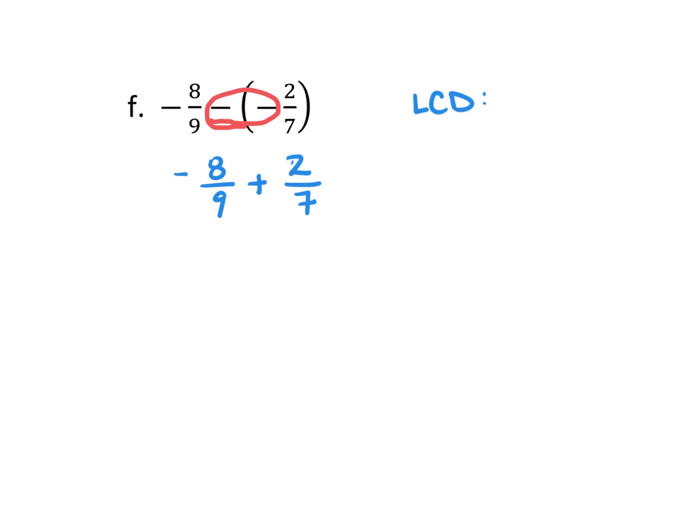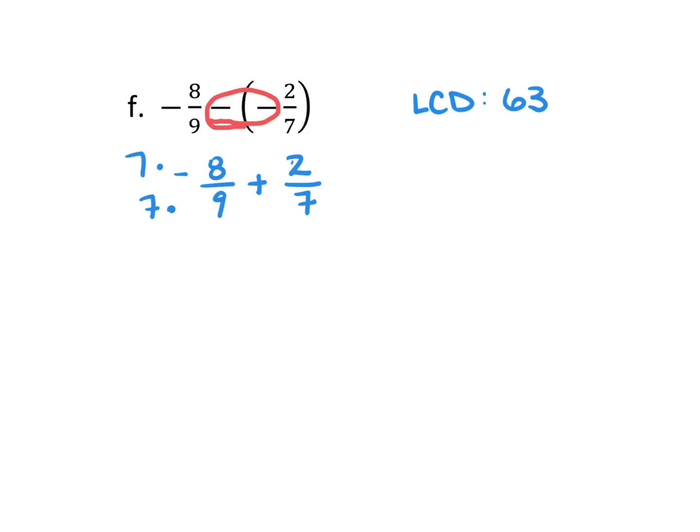LCD for 9 and 7. If you're not sure, you can go ahead and multiply them together. 9 times 7 is 63. And it is, in fact, the LCD, not just a common denominator, it is the least common denominator. All right, from here, we want to multiply 9 times 7 to get to 63.